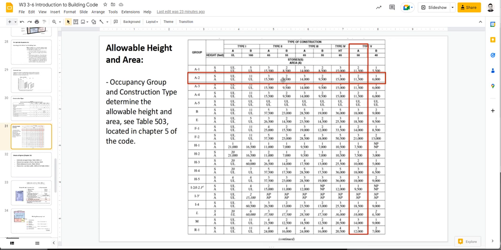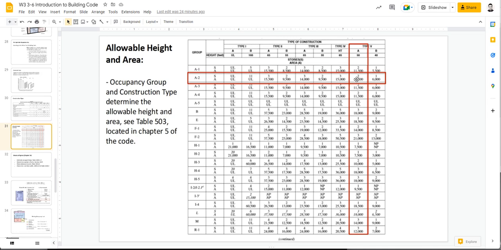Okay, so yeah, this table tells you what occupancy group you are under, how many floors you can build, and how big of a building you can construct. So in our case, we are going to be focusing on an A2, and we can build our A2 out of wood, out of timber, out of some non-combustible material, or steel or concrete.